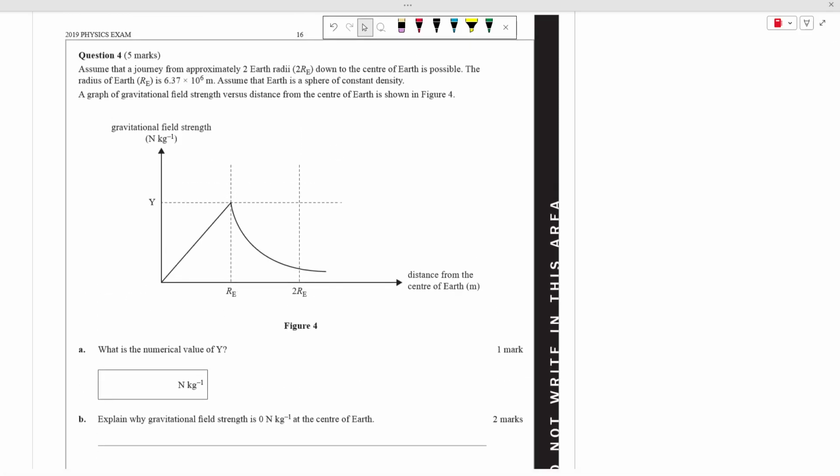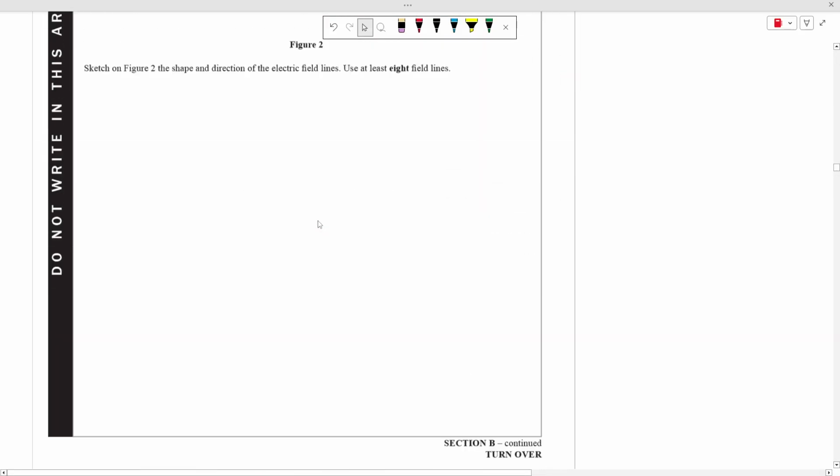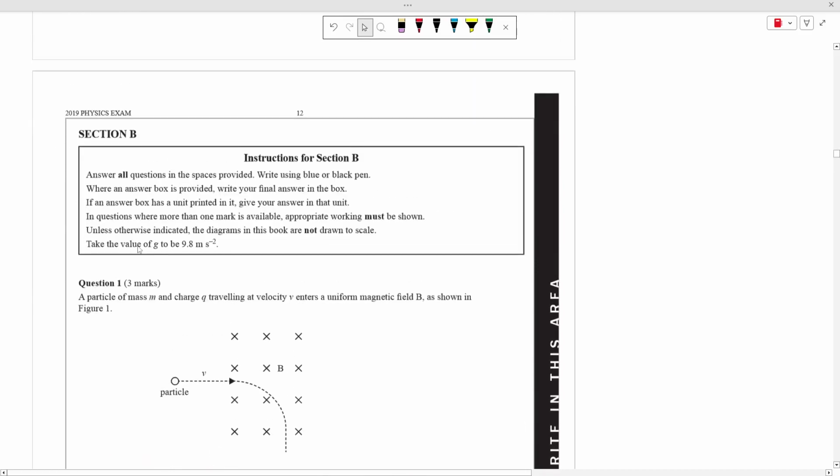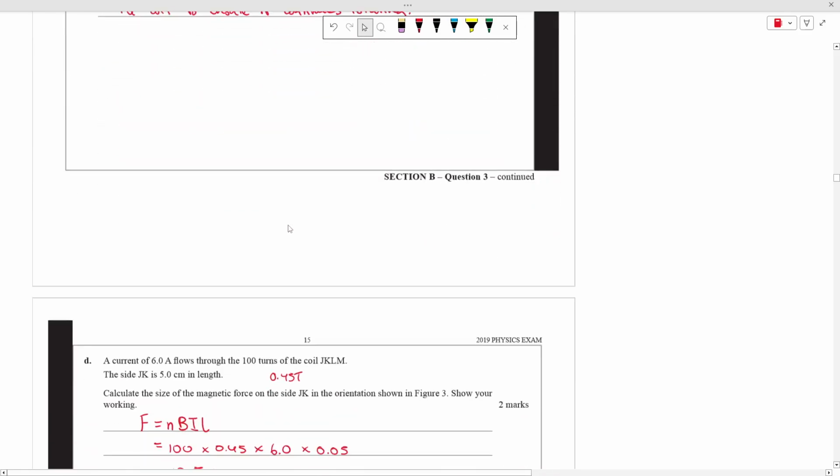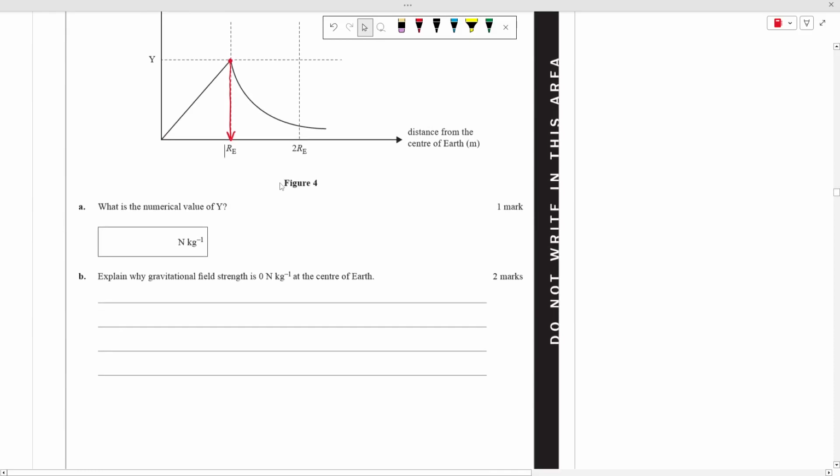Y is this value here, which is the gravitational field strength at 1 Earth radius. So that means that that's just normal g, which we're assuming is 9.8 because of the instructions to part B: take the value of g to be 9.8. So that's all that is. I think the trick there was identifying that that location is the surface of the Earth.